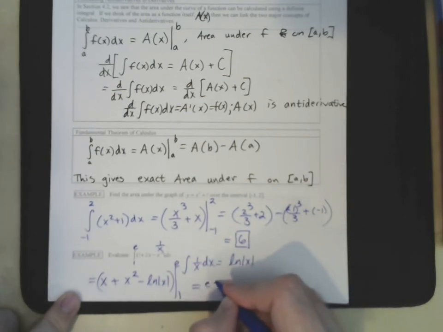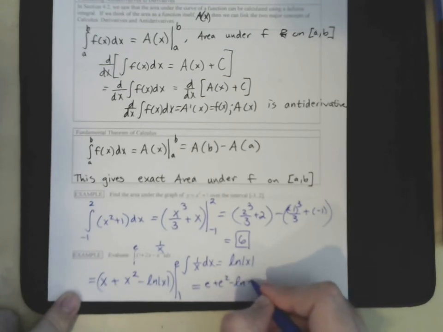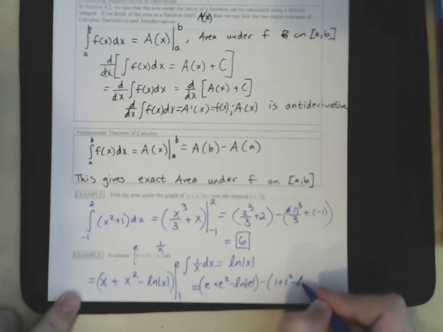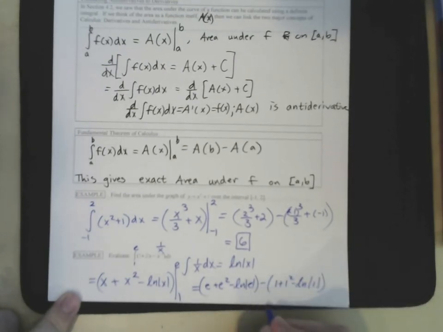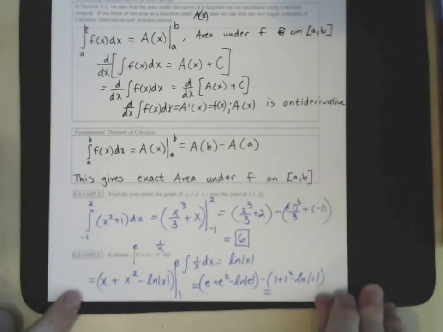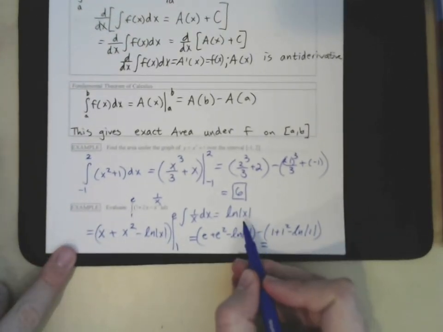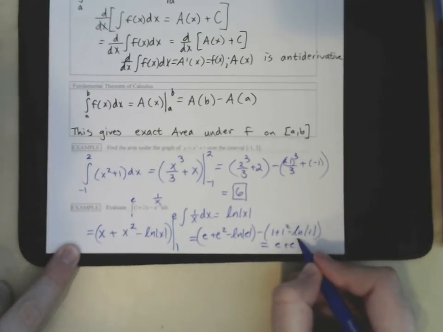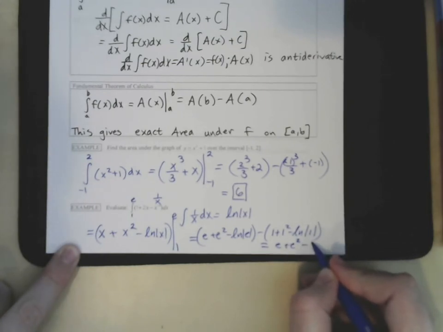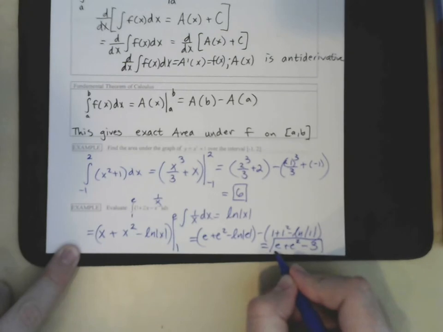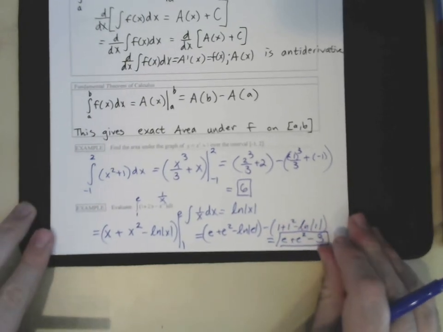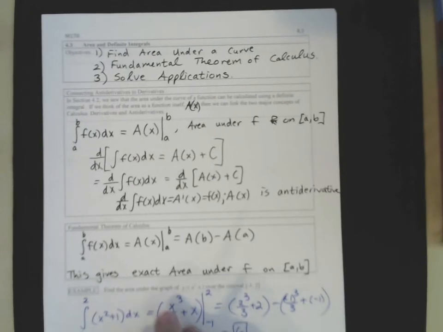So this is e plus e squared minus ln of e, minus 1 plus 1 squared minus ln 1. And again, once we add all these up, ln of e is 1, ln of 1 is 0. We end up with e plus e squared minus 3. And since e is transcendental, we're going to leave it like that instead of writing its decimal, because we don't need to. We want to be exact. Okay.